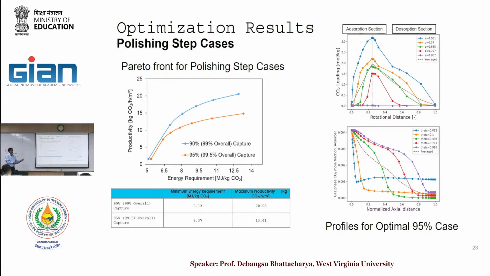I would like to say that these rotary beds are tricky problems because of the changing boundary condition and the continuity of the boundary that you must satisfy, and generating the initial guess for such boundary conditions is very difficult. So there are tricks to solve it.